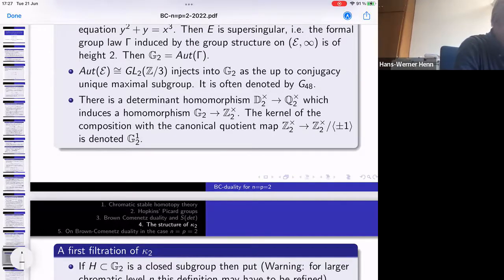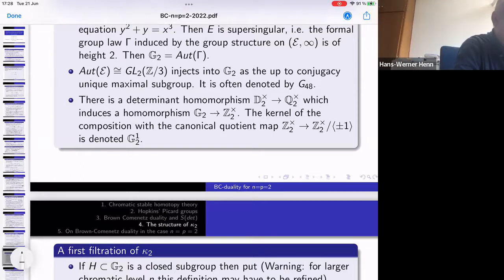Well, as I said before, there is this determinant homomorphism from the units in a certain division algebra to the units in the field of two-adic numbers.